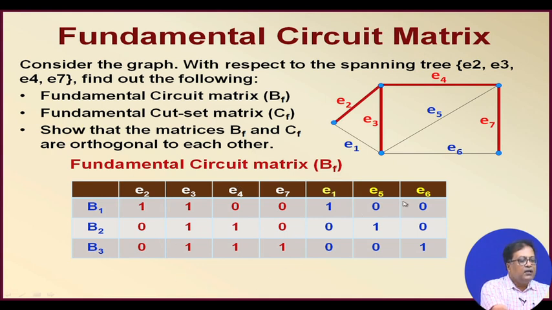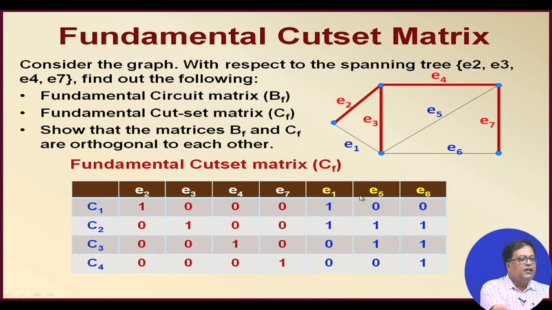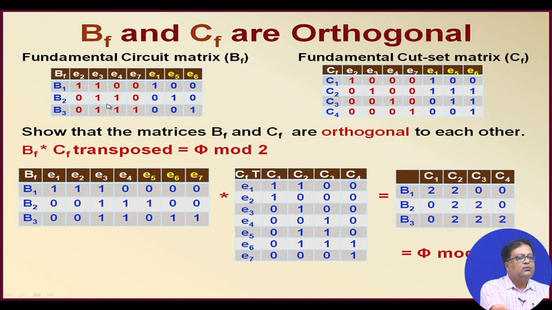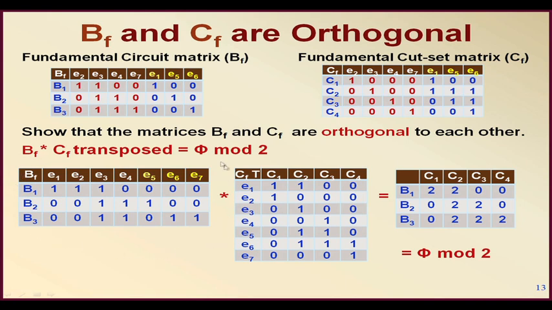Now what we can do, we can also rearrange this one. So you see, this is our fundamental circuit matrix here, and what we have done is put the fundamental circuit matrix rearranged. So this is our matrix, the matrix is rearranged.